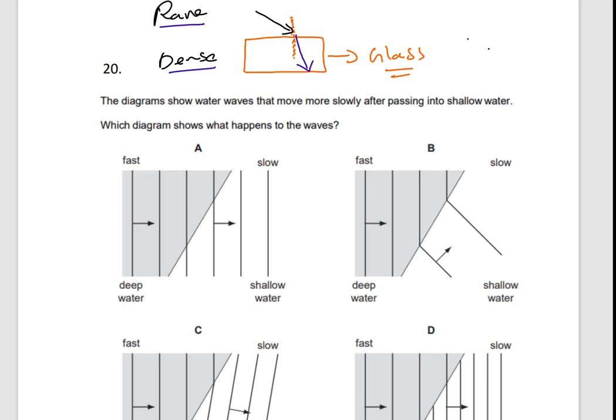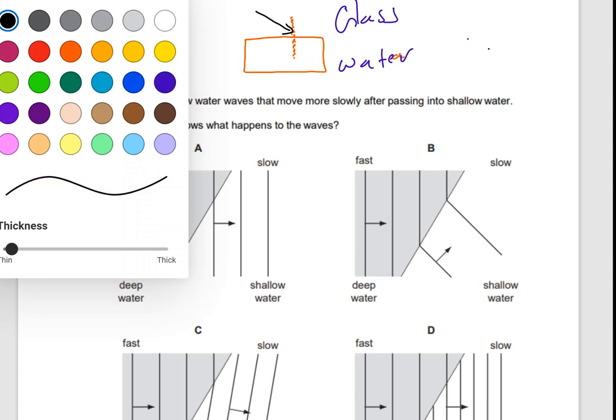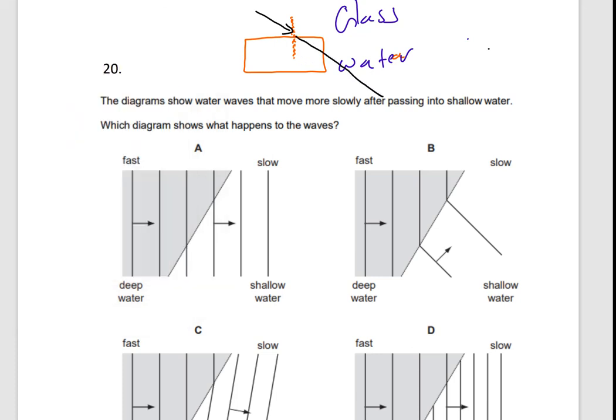So let's suppose these are two different mediums. Let's say it is going from glass, which is a denser medium, into water, which is a rarer medium. So in that case, instead of following its straight path, which was the supposed path of the light, it wouldn't happen that way.